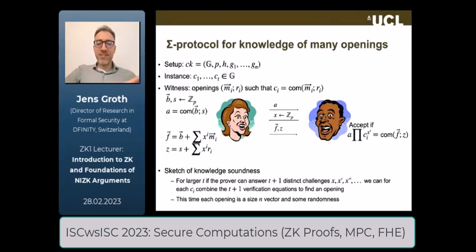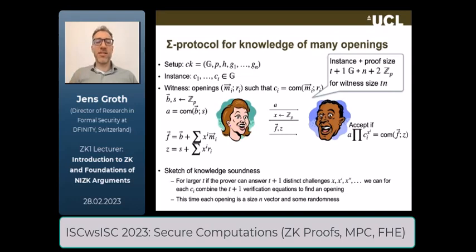And you can do exactly the same type of proof as before, just operating on vectors instead of field elements, where you have multiple elements. And it's really cool because now the complexity of the verifier is even smaller compared to what the instance and the witness is.